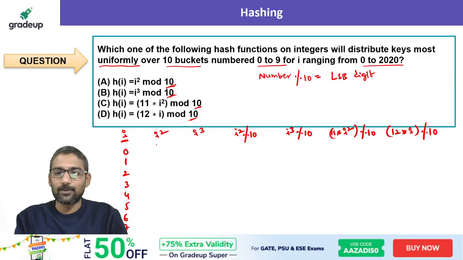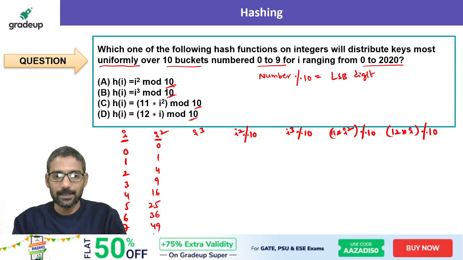So i square would be what? 0, 1, 4, 3 square 9, 16, 25, 6 square 36, 7 square 49, 8 square 64, 81. i cube would be what? 0, 1, 8, 27, 64, 125, 216, 343, 512, 729.